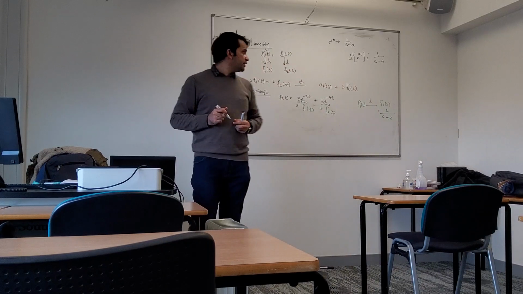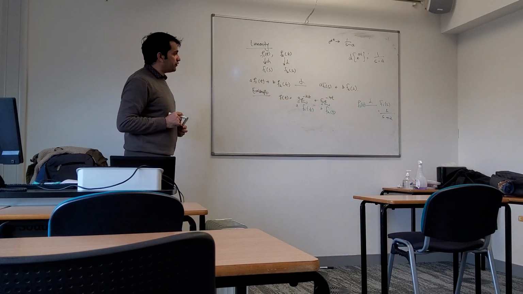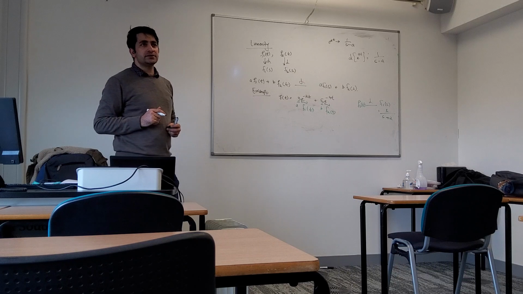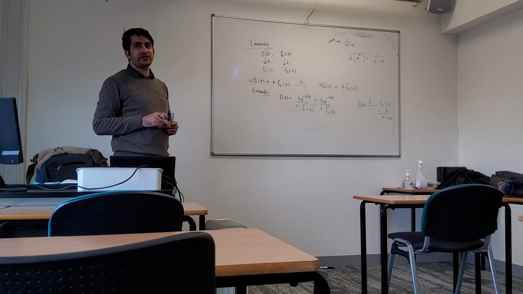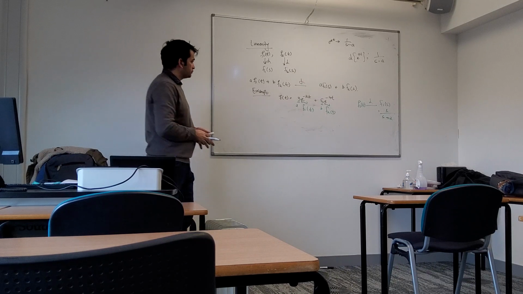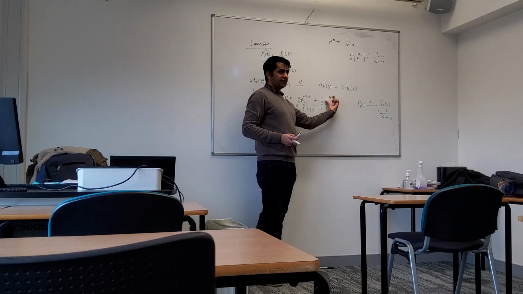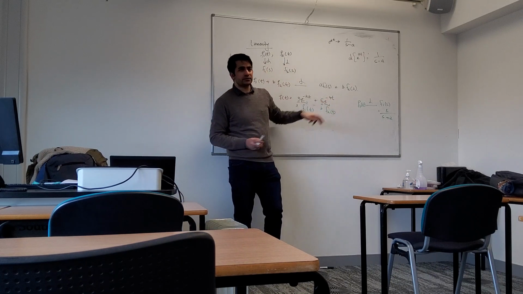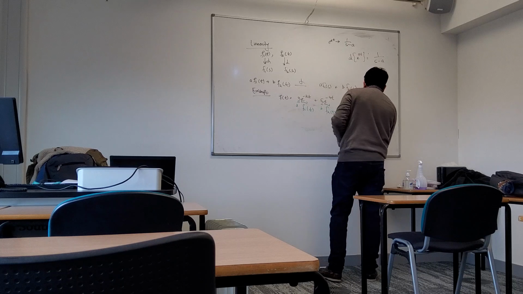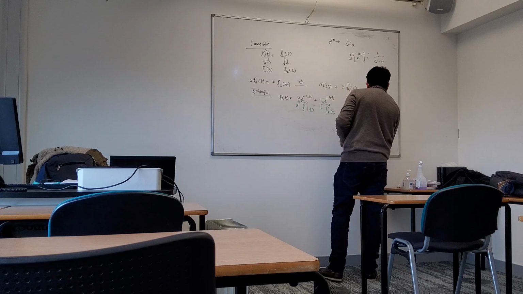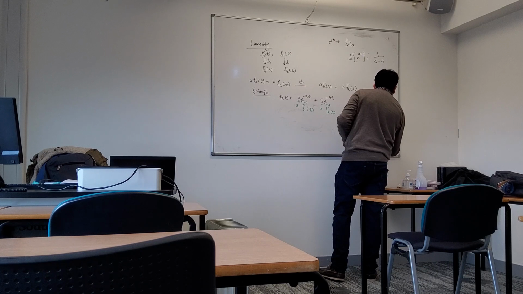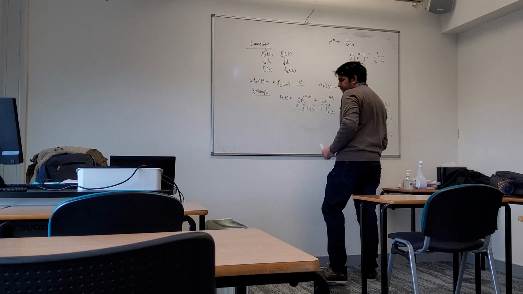The t doesn't go here, only a comes here. Now tell me the Laplace transform for f2 of t. It would be 1 by s plus 4. You can see f2 of t is this one, where a is minus 4, so the Laplace transform F2 of s would be 1 divided by s plus 4.